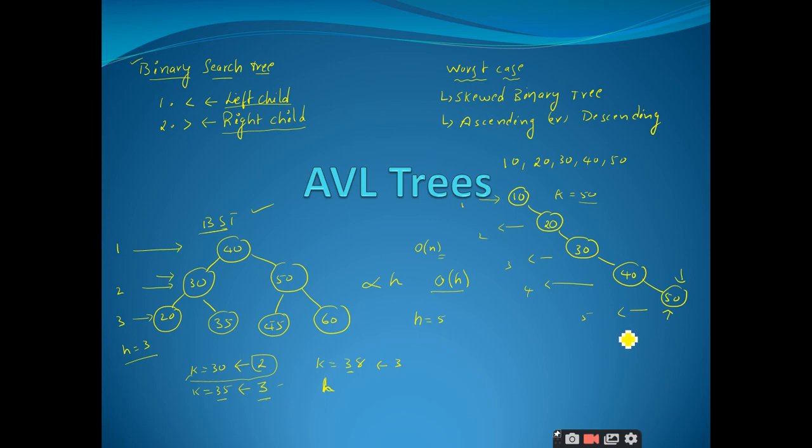So the complexity of the search, insertion and deletion operations is going to increase. Is it clear up to this point? Clear, sir. So that is the disadvantage of the binary search trees we have.